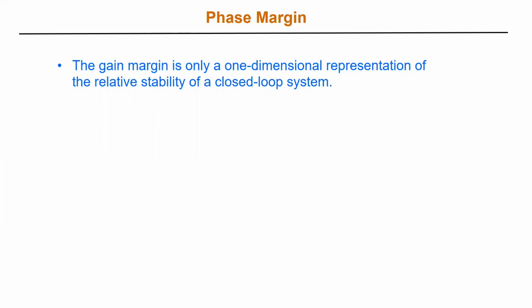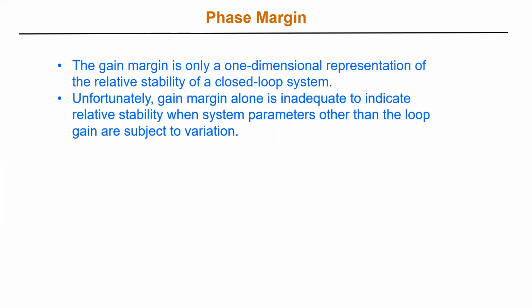Look, the gain margin is a one-dimensional representation of the relative stability. Unfortunately, gain margin alone is sometimes inadequate to indicate the relative stability of the system. Suppose I have the following situation.